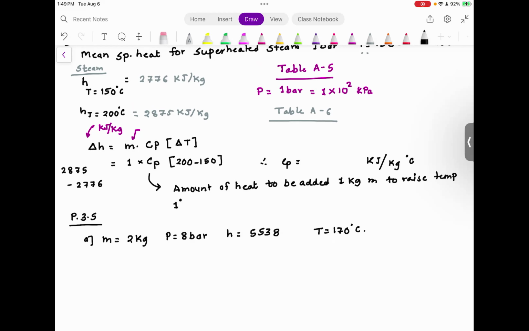So quickly look at it and tell me what is the state.